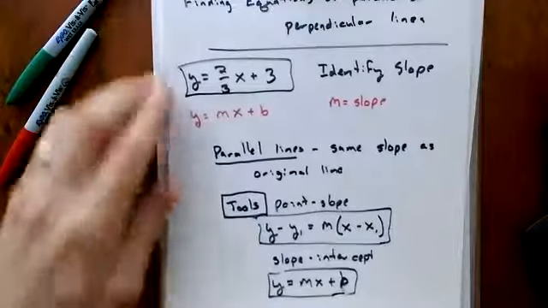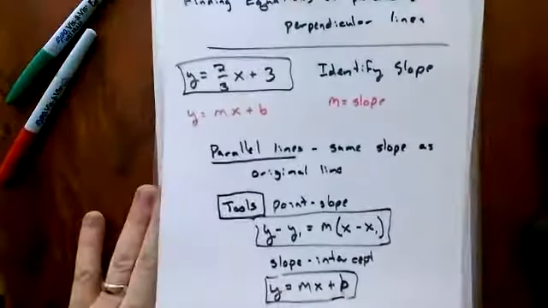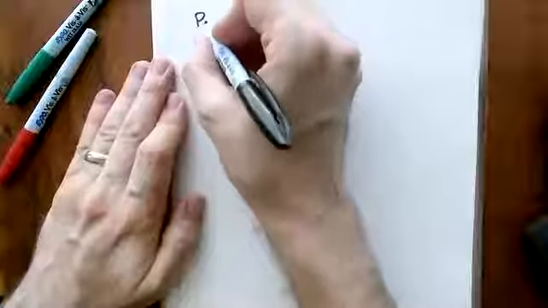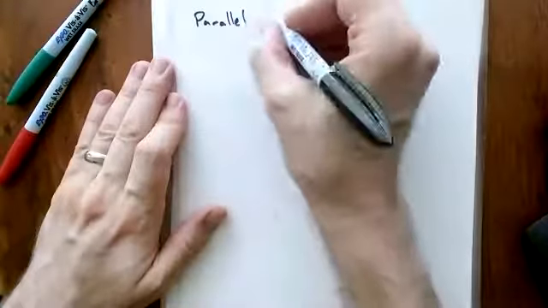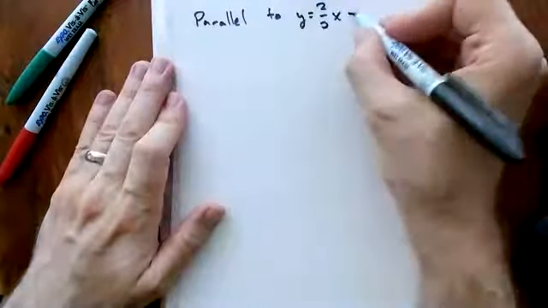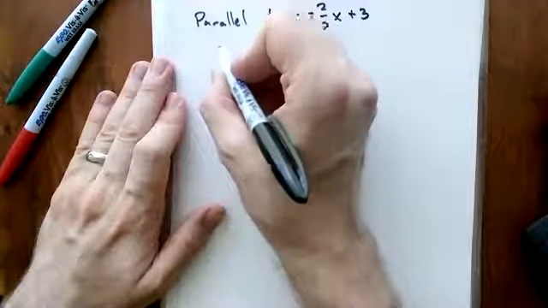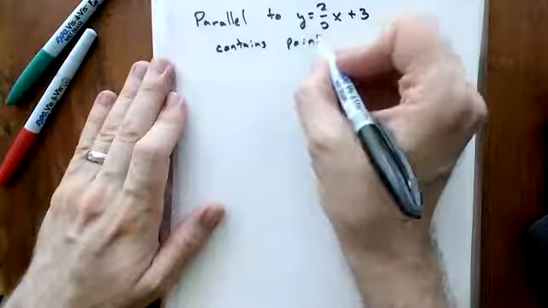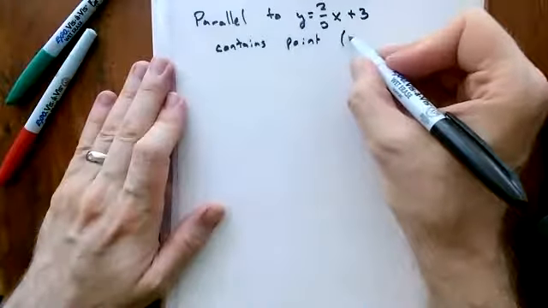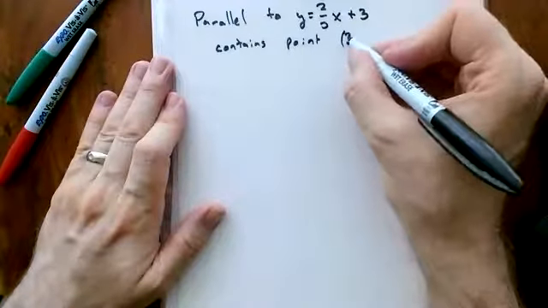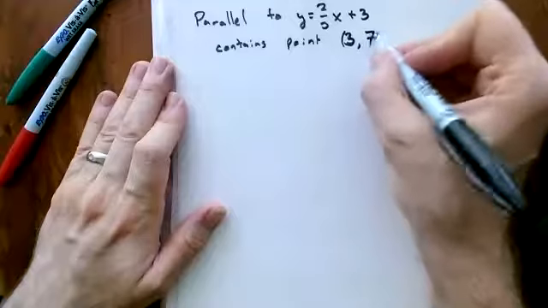I'm going to give us a little bit more information. Let's say we want to find something that is parallel to y is equal to 2/3 x plus 3 that contains the point 3, 7.